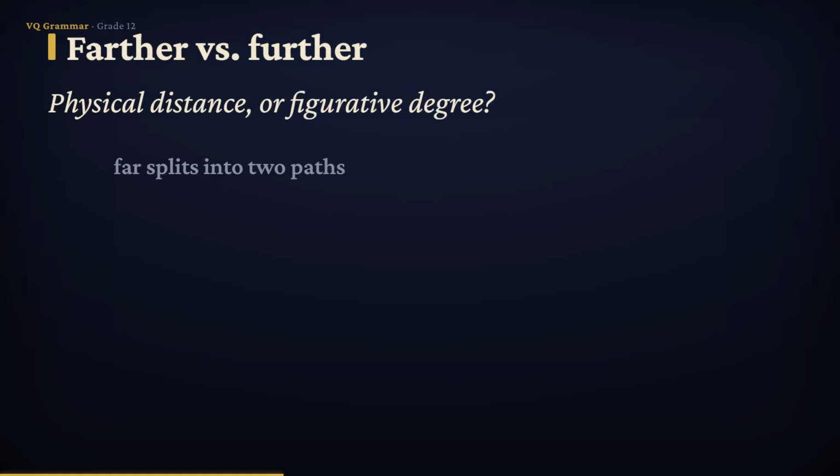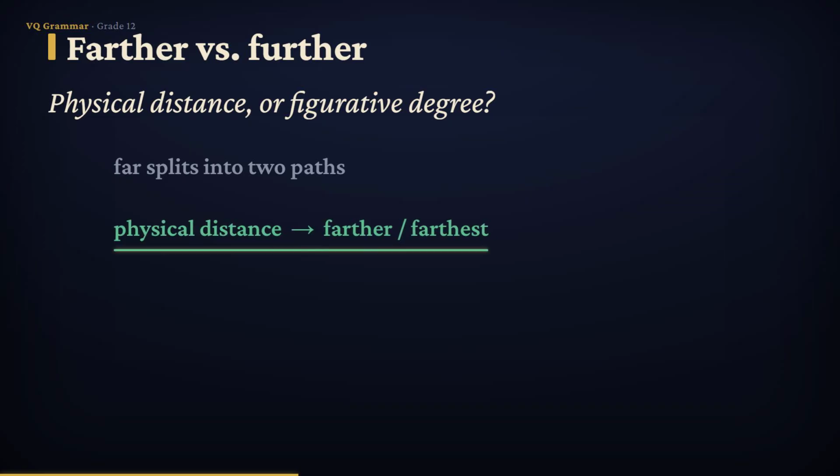Now the one word that splits into 2 paths, far. When you mean real physical distance, miles you could actually measure, you use farther and farthest. Detroit is farther from here than Toledo. That was the farthest we hiked all summer.